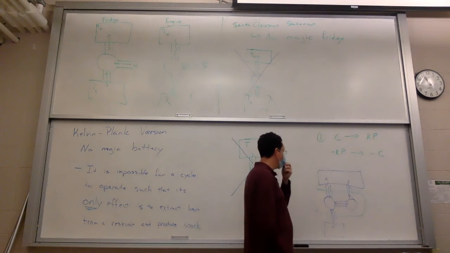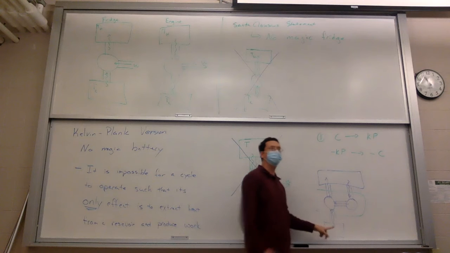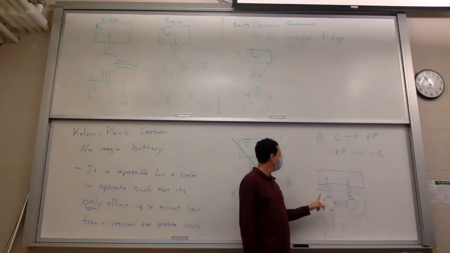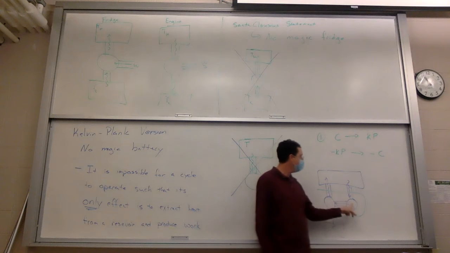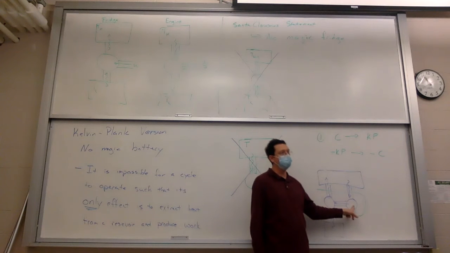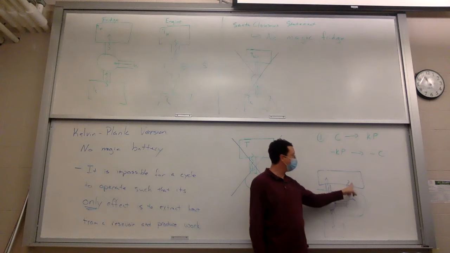The thing I'm not really having you chase through too much are the numbers. What you have to do is make sure that the work needed by the refrigerator is the work produced by the battery. And using the first law, then that number has to equal the heat extracted from the kitchen.